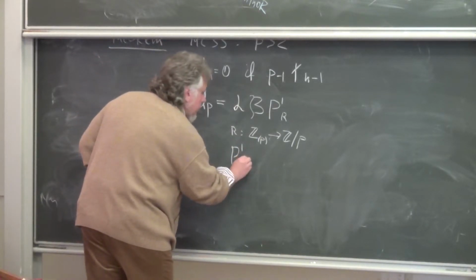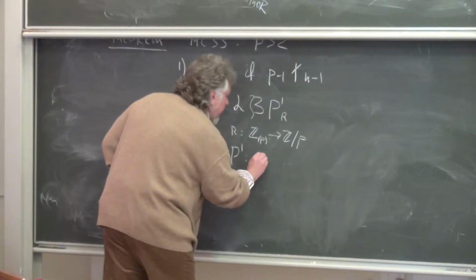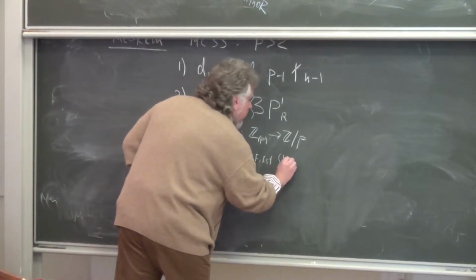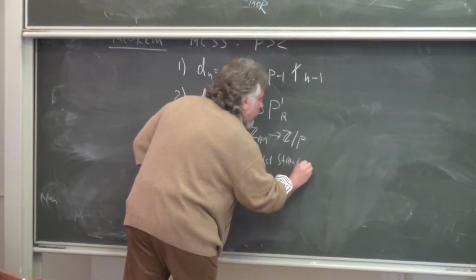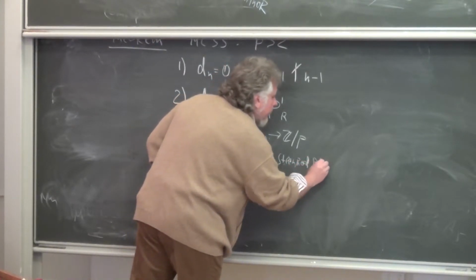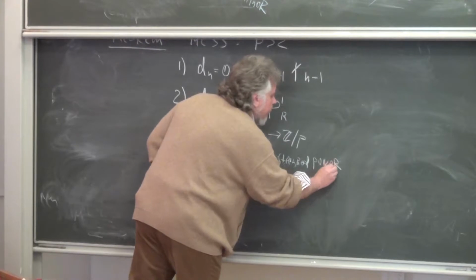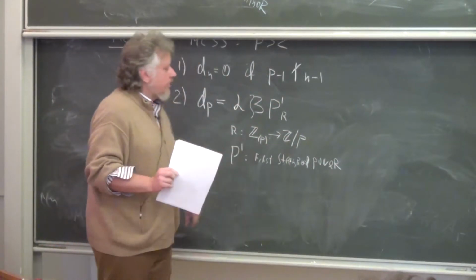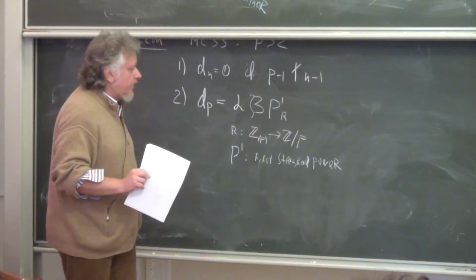P1 is the first Steenrod power operation. It was constructed by Voevodsky, and it goes from Z over p cohomology to Z over p cohomology shifted.